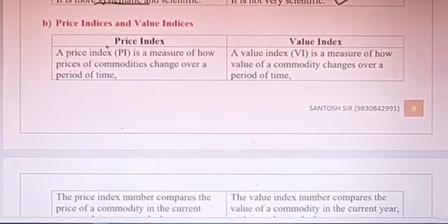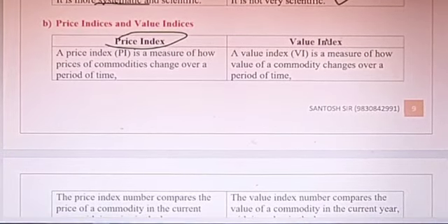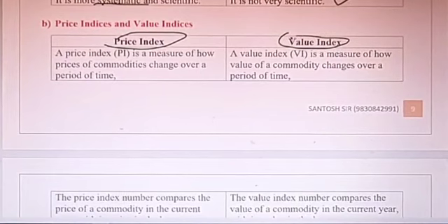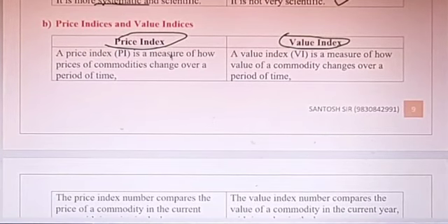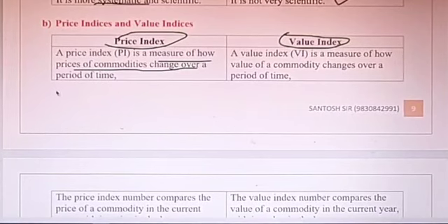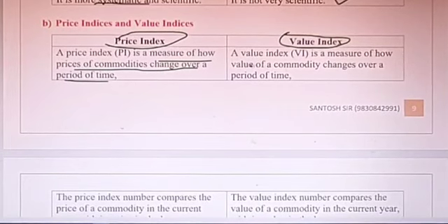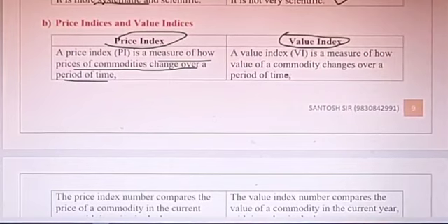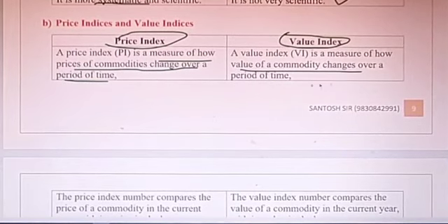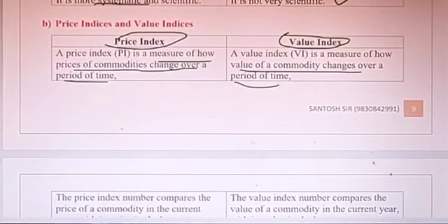The next difference is on price index and value index. Important one. Price index is a measure of how the price of a commodity changes over a period of time, whereas value index is a measure of how the value of a commodity changes over a period of time.